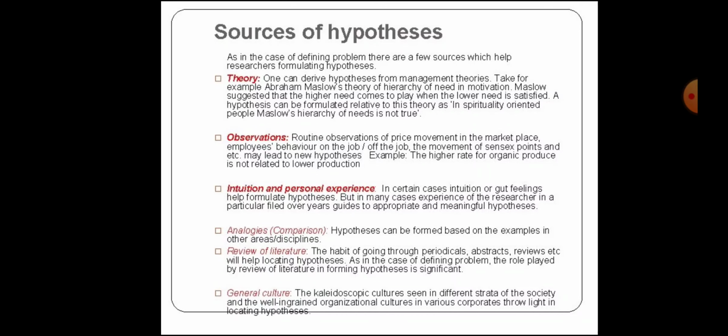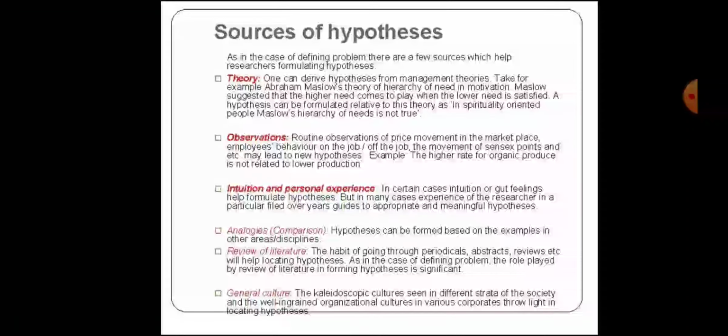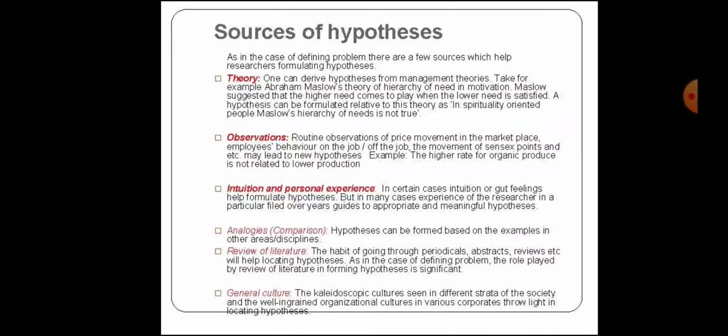Sources of hypothesis. As in the case of defining a problem, there are a few sources which help the researcher in formulating a hypothesis. Theory. One can derive hypotheses from management theories. Take for example Abraham Maslow's theory of hierarchy of needs in motivation. Maslow suggested that the higher need comes into play when the lower need is satisfied.